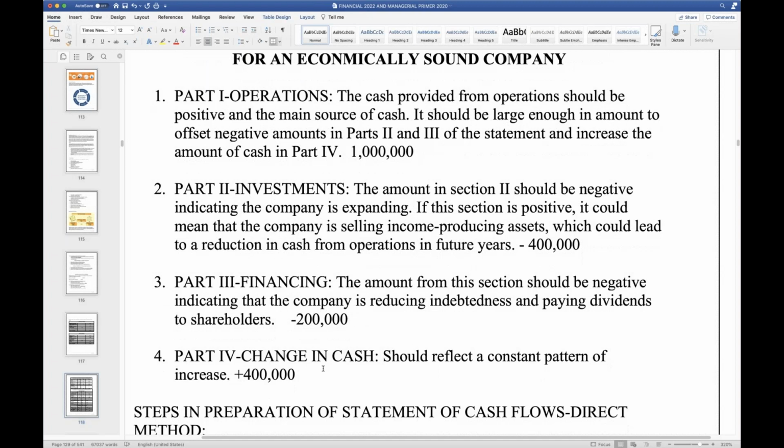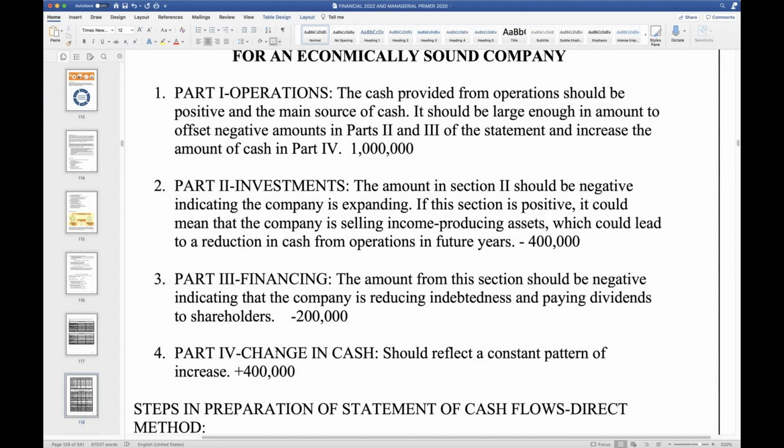And then we want the change in cash to be positive. So cash generated by operations, investments negative, financing negative because we're paying dividends to owners and paying off debt, and a positive increase in cash for the company.